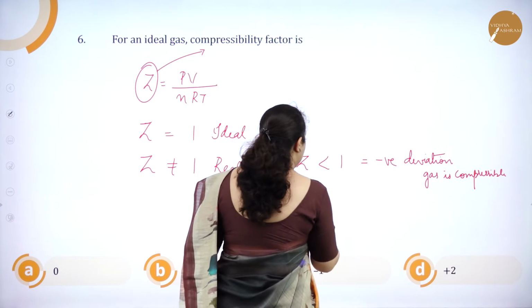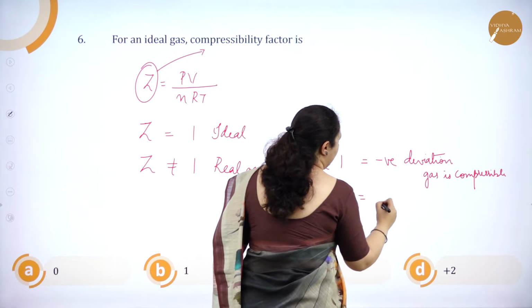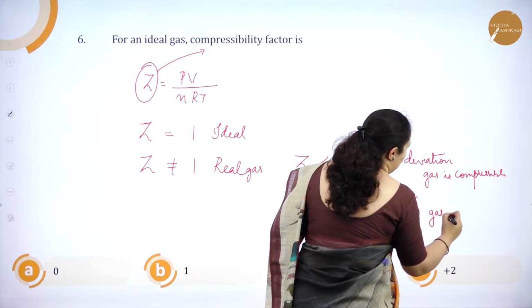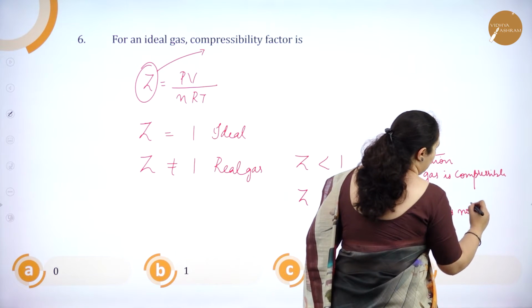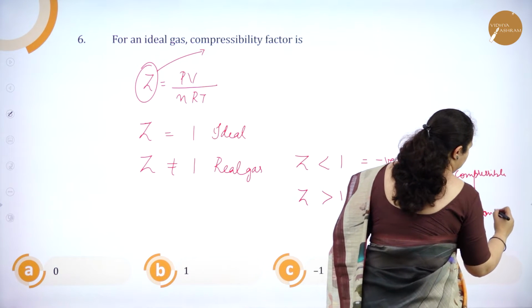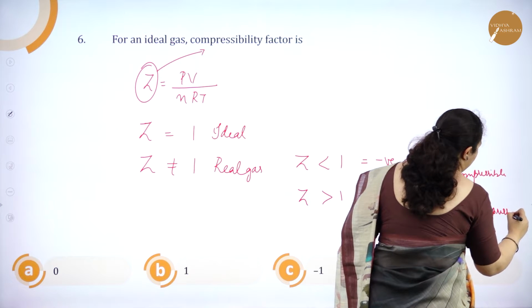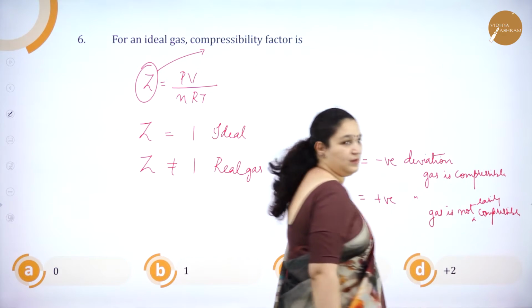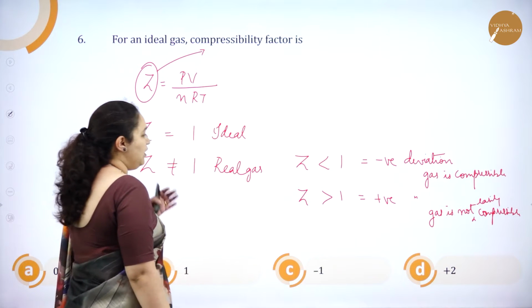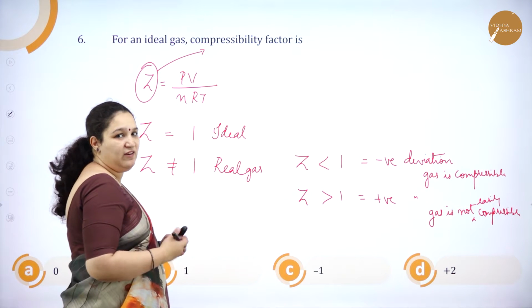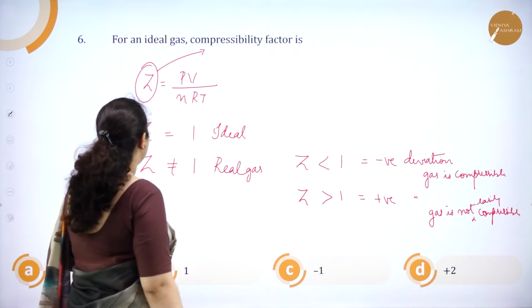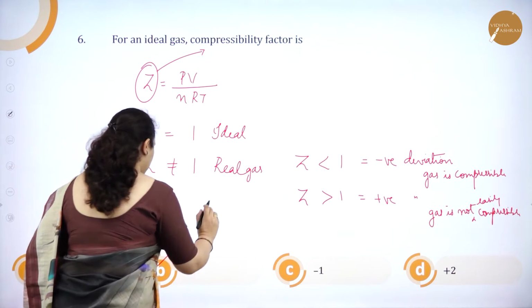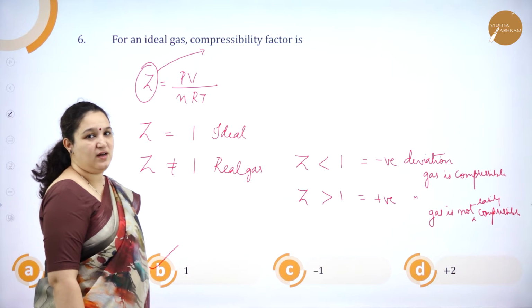If Z is greater than 1, it will show positive deviation and the gas is not easily compressible. So you need to remember this. Once you remember this, any question, any way it is asked, you can answer. So Z is equal to 1 for ideal gas. Option B is the correct answer.